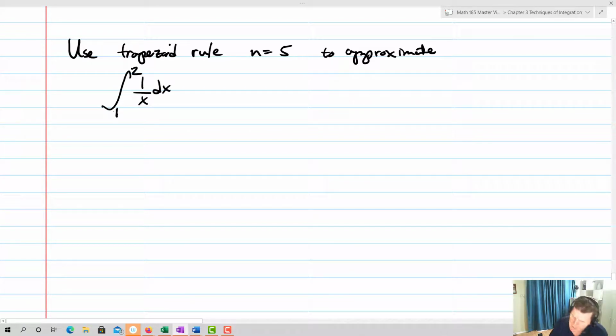So if I'm going to write my equation, this is going to be the sum from i equals 1 up to n, and my delta x is going to equal 2 minus 1 divided by 5, so it's going to equal 0.2.